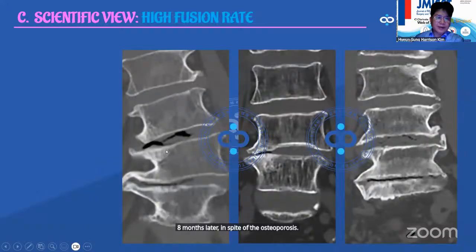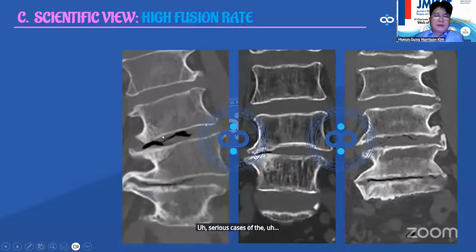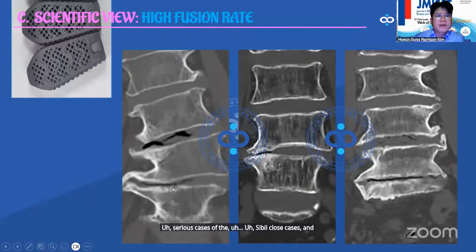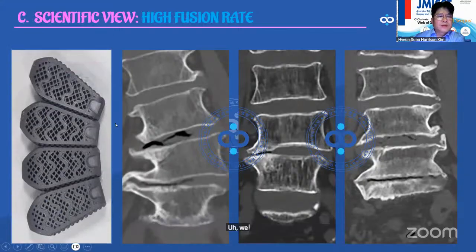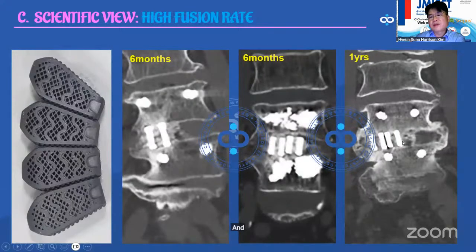And also this case is also a very serious case of severe collapse. After endoscopic lumbar interbody fusion, we inserted the 3D printed cage. Then you can see this image is taken 6 months later. This image is also taken 6 months later. And this image is taken 1 month later. The lumbar interbody fusion is already completed.